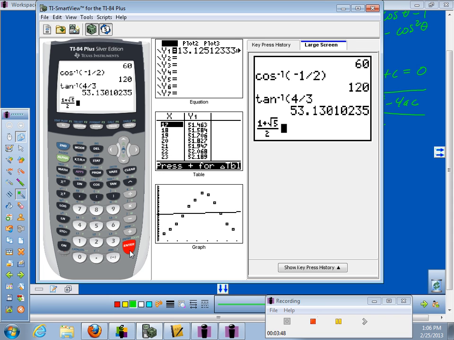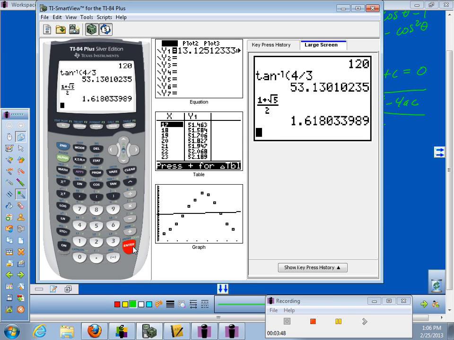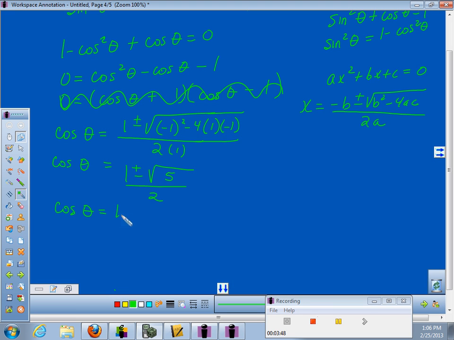If you punch that in there, you get 1.618. Is that an angle? No, that's the numerical value. Notice it's positive. You need to know that. So you just got cosine equals a positive 1.618. You also need to go back and find out what the negative version is.